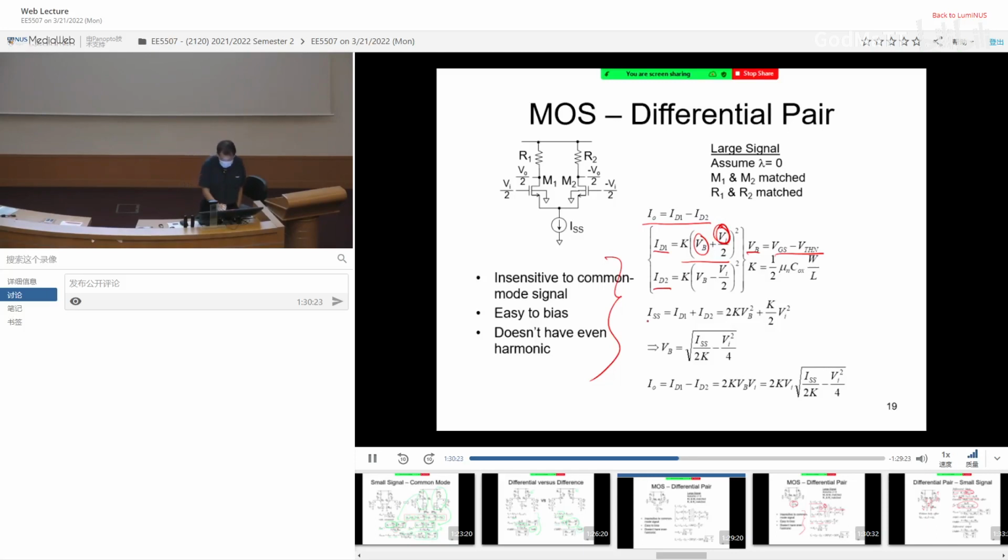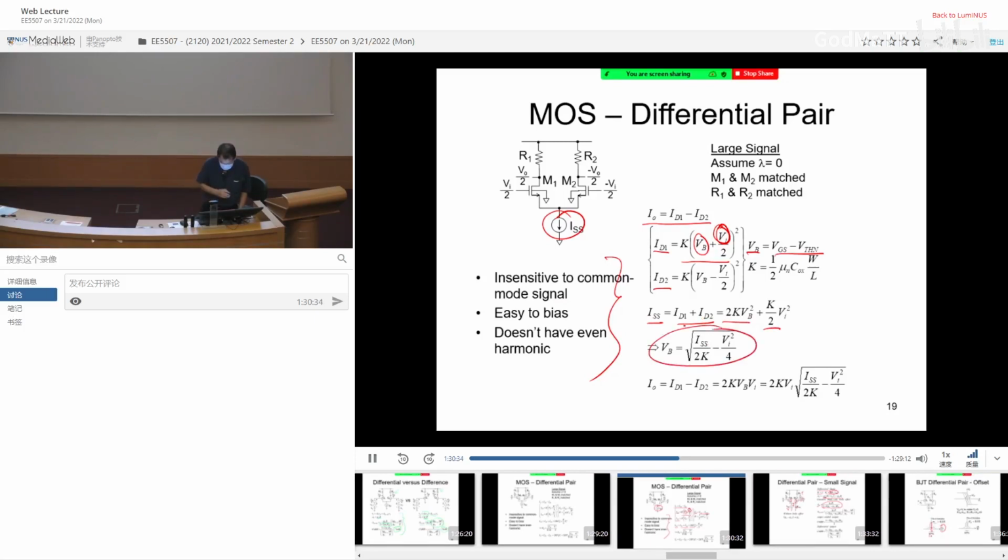And then ISS, the tail current, is a constant term. It's the sum of ID1 and ID2. After that, you can manipulate and end up with the following. Then the output current is the difference, which means you expand this and get VB squared plus VI squared divided by 4 plus 2 VB VI.